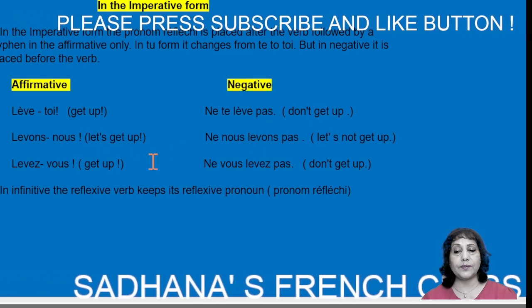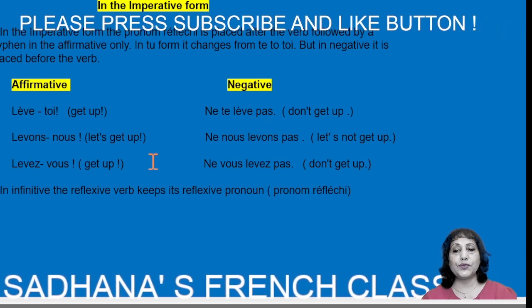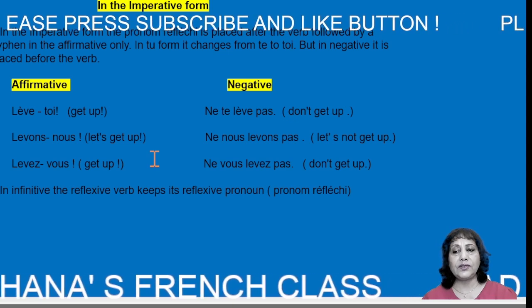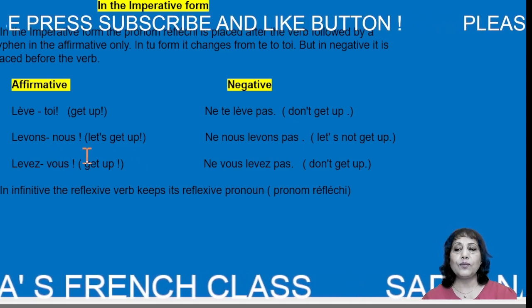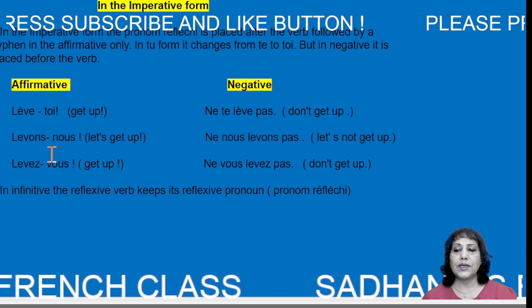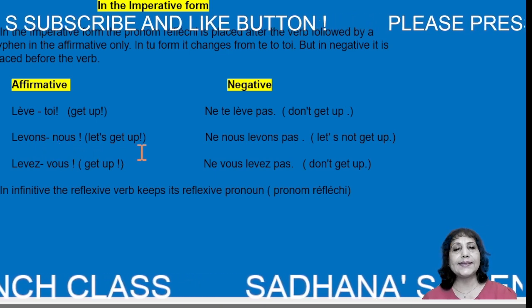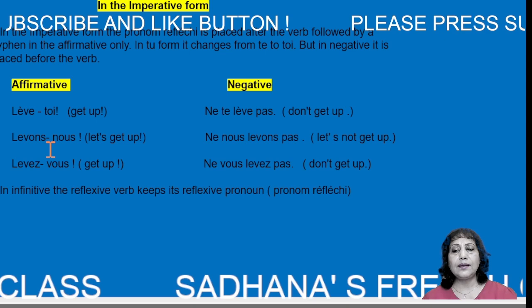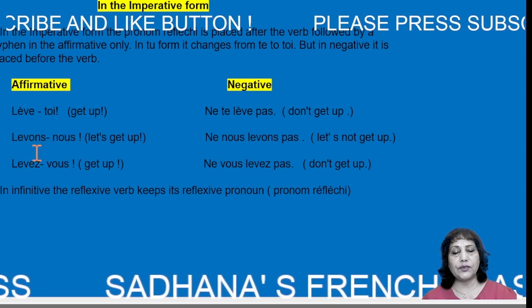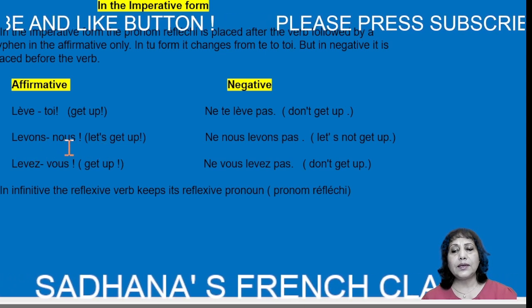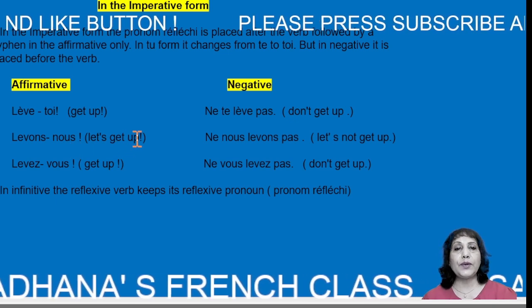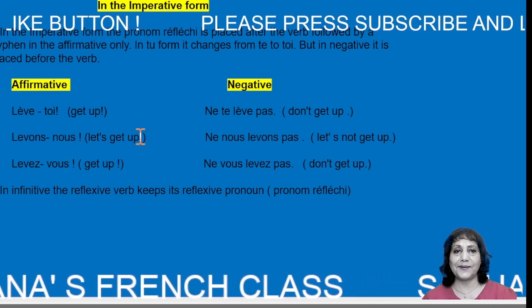Lavons-nous, let's get up. When you are supposed to say let's in French, just use the nous form and place the pronoun after. Lavons-nous, let's get up. You can see the hyphen, the verb conjugated in nous form, and the reflexive. In the imperative form, we do not use a subject.